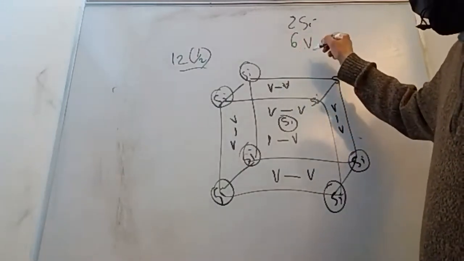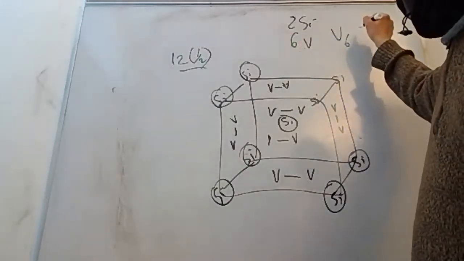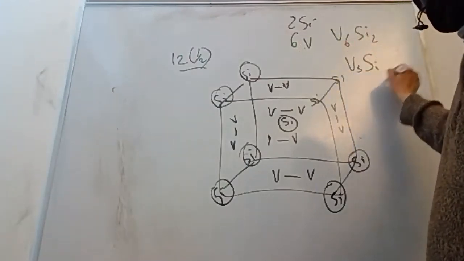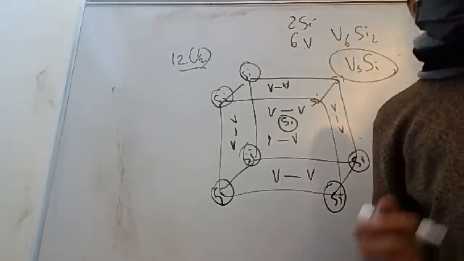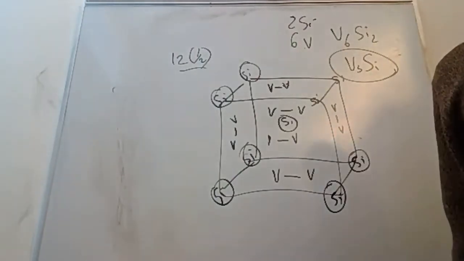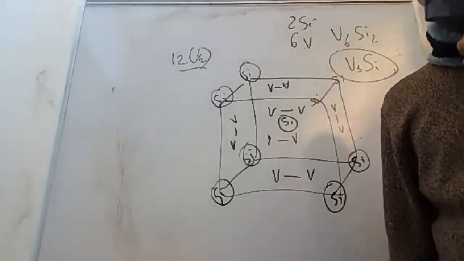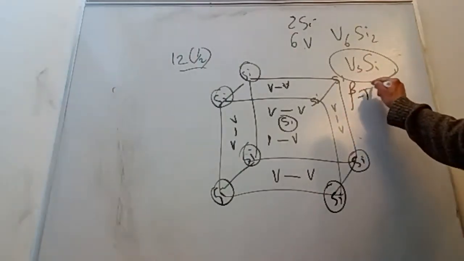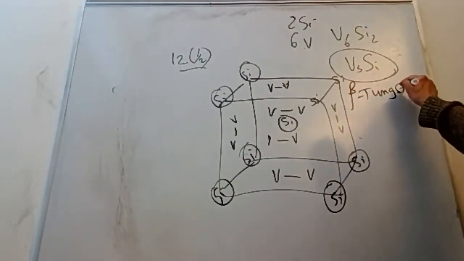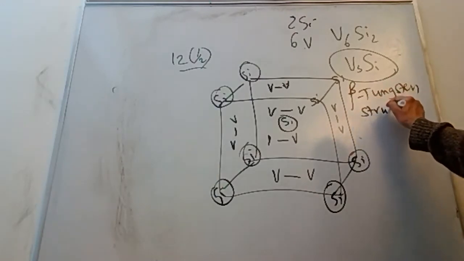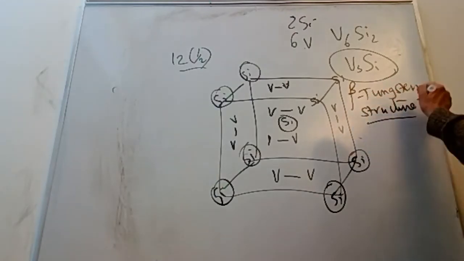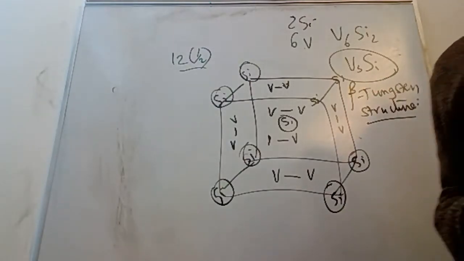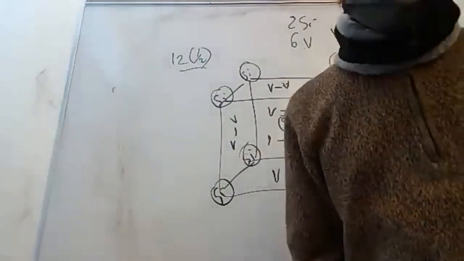So the ratio of vanadium to silicon is V6Si2, or V3Si. This is sometimes known as the beta tungsten structure, and is seen in many compounds that exhibit superconductivity.